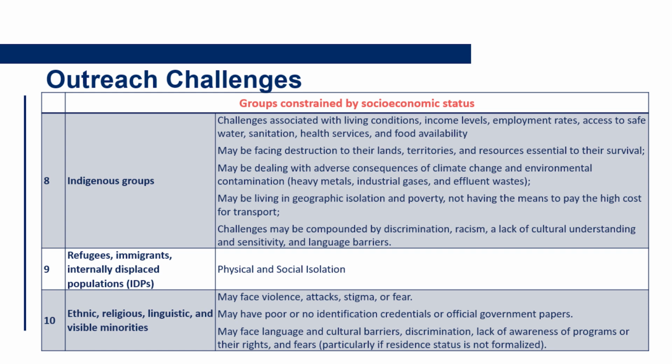Then there are also refugees, immigrants, internally displaced populations, and people living in areas affected by conflict and violence. And they do face physical and social isolation. There are also ethnic, religious, linguistic, and visible minorities who may have poor or no identification credentials, and may face language and cultural barriers and discrimination.